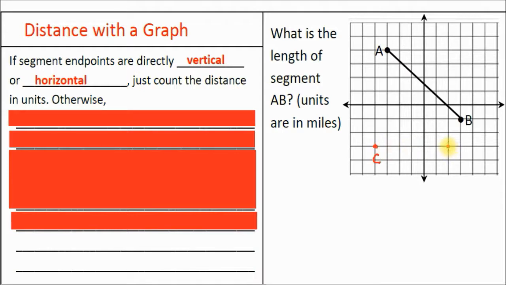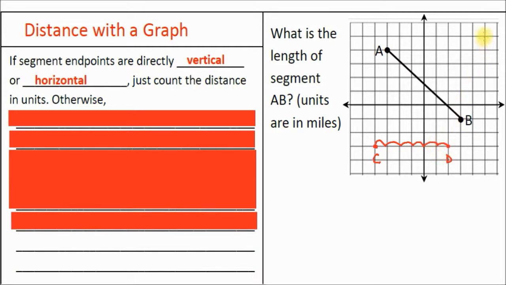And then I put a point D on here, and I ask you what the distance is between those 2 points. You don't have to do any math calculations, just count units. 1 unit, 2 units, 3, 4, 5, 6. Those 2 points are 6 units apart.